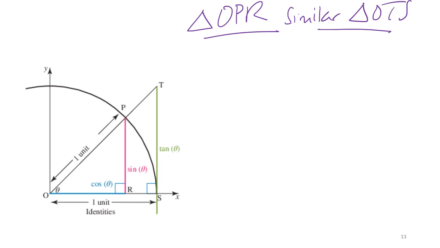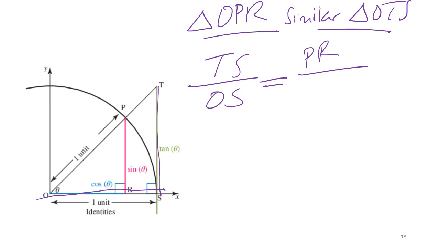So TS over OS, this length divided by this length, would be the same as PR over OR, this length over this length.